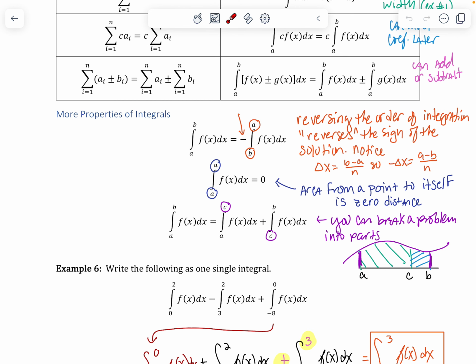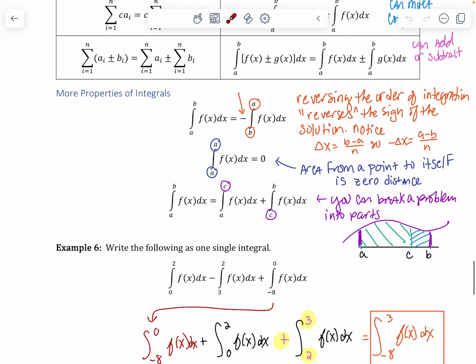So it's like having a negative width. I'm not sure if that makes sense. If we're integrating from one point to itself, then the area from a point to itself is always going to be 0 distance.